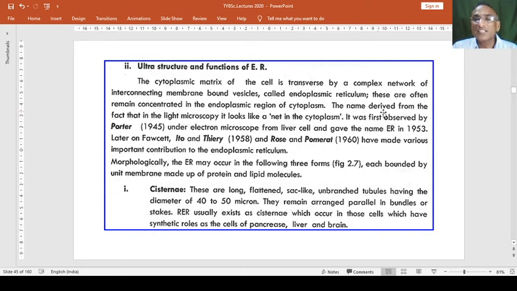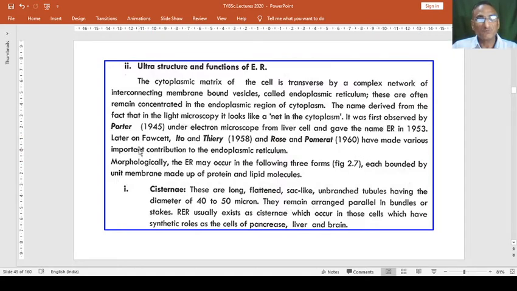The name is derived from the fact that in light microscopy it looks like a net in the cytoplasm. It was first observed by Porter in 1945 under the electron microscope from liver cells, and the name ER, or endoplasmic reticulum, was given in 1953.